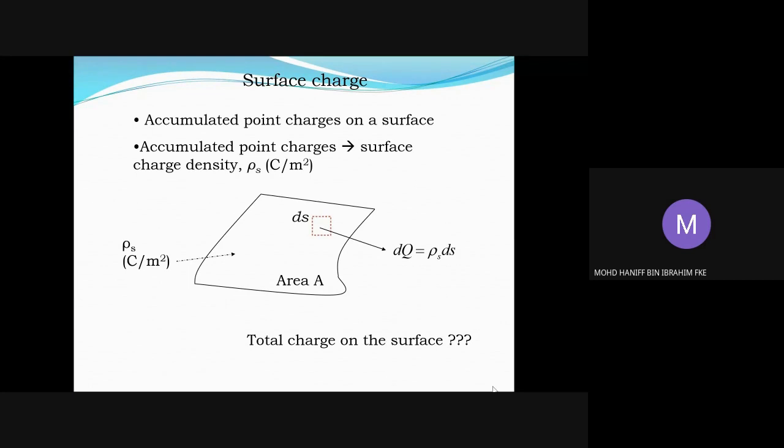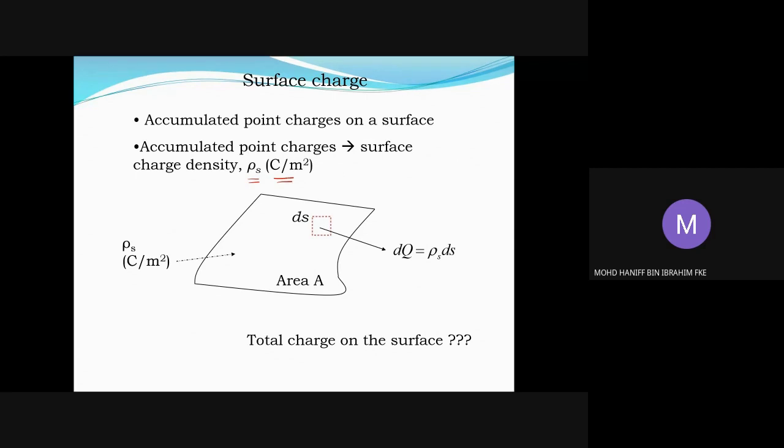Okay. So in terms of characterizing the surface charge structure, we normally define the surface charge with the symbol rho s. Rho s stands for the surface charge density, and the unit for this is coulombs per meter squared.